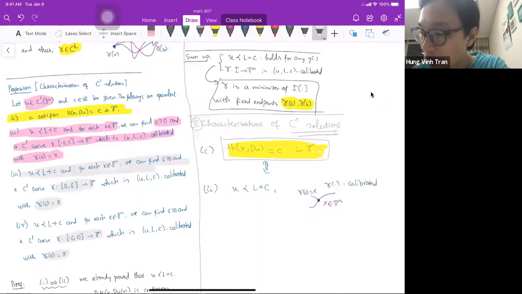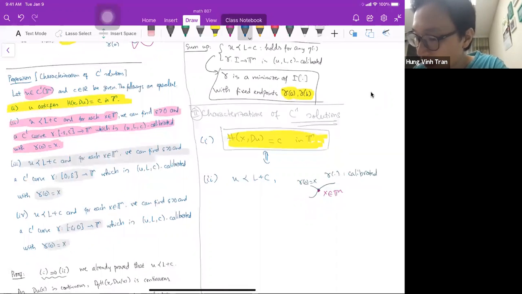Let me try to draw a picture. So this should be equivalent to 3i, which is about U being dominated by L plus C, and you have a calibrated curve for sure.